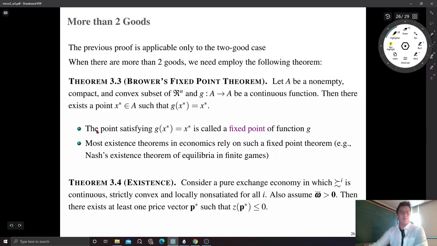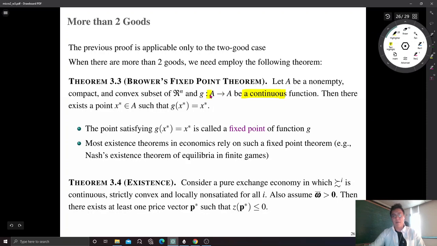So when there are more than two goods, we have to employ the following theorem, the so-called Brouwer's fixed point theorem. And this theorem tells us, if we have a function g that is continuous and defined on space A, and space A is a non-empty, compact, and convex subset of the Euclidean space, and it is a continuous mapping from space A to itself.